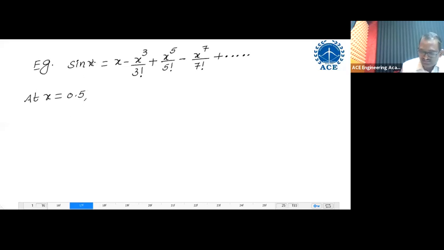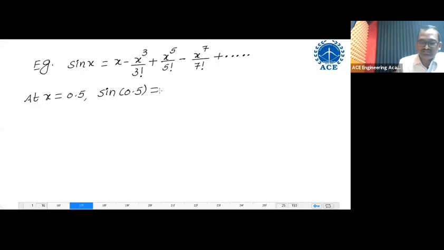If you take x is equal to 0.5 in the left side, you will get sin of 0.5. Tell me the value of sin of 0.5 up to 10 decimal places in terms of radians.